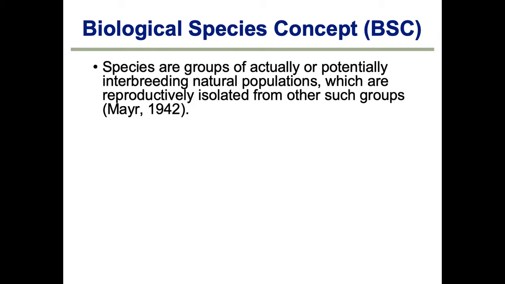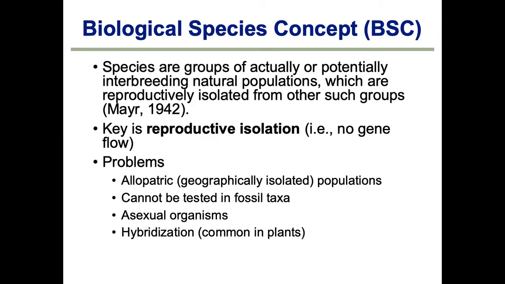They can also breed and produce offspring. And so if 2 things breed and they don't create fertile offspring, or if they can't breed, then they're not the same species. They're different species. The key here is reproductive isolation. It means there's no exchange of genes between this group and other groups.